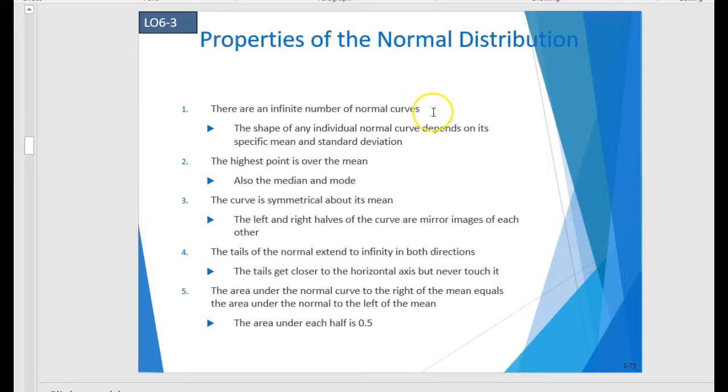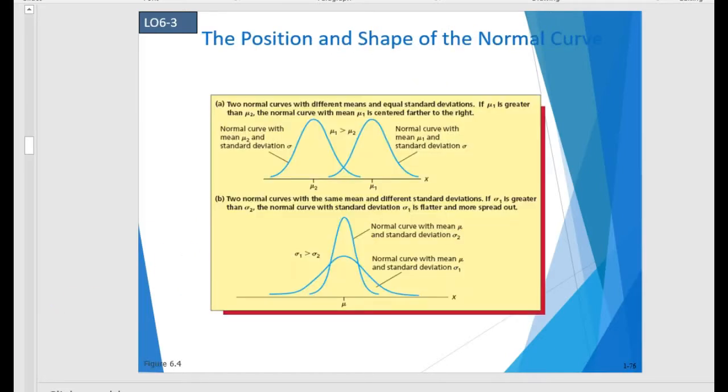But this normal curve is perfectly symmetrical, and the mean, median, and mode are all centered about the mean. They're all right in the middle there. Then we just talked about its symmetry. The tails extend off into infinity in both directions. And the area under the curve to the right equals the area under the curve to the left because it's perfectly symmetrical, and each half has 0.5, which makes sense because then the total probability is 1 for the whole thing. Okay.